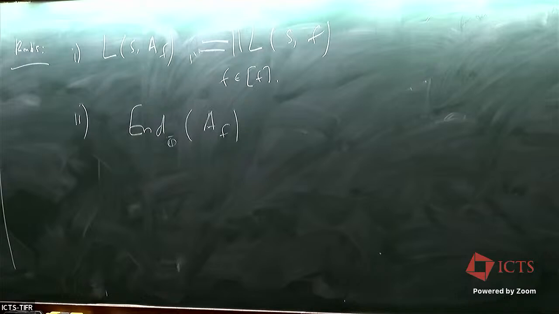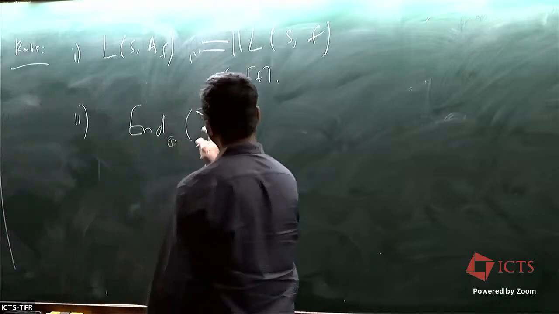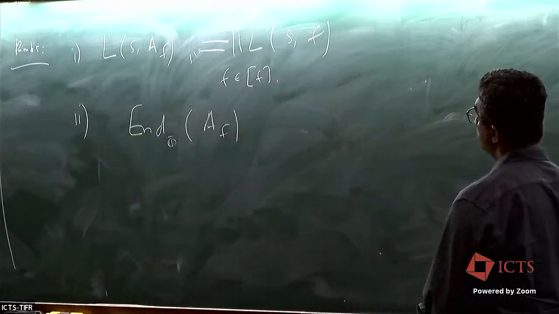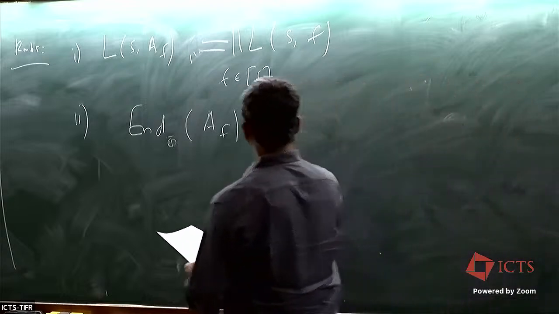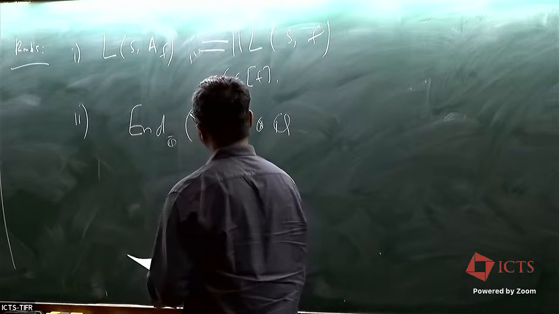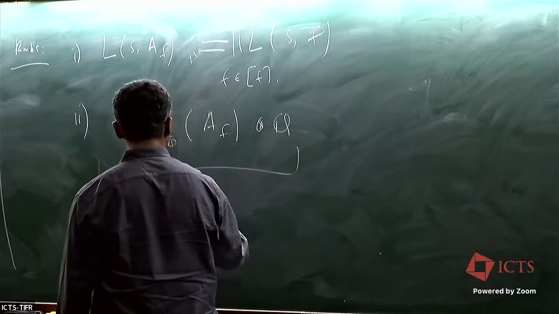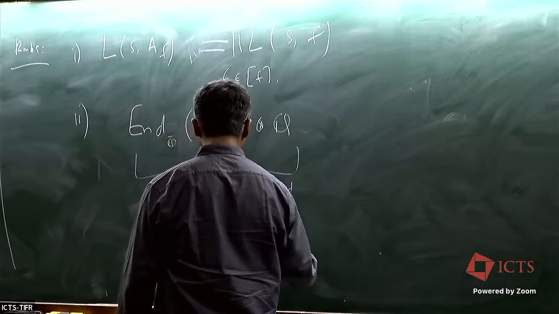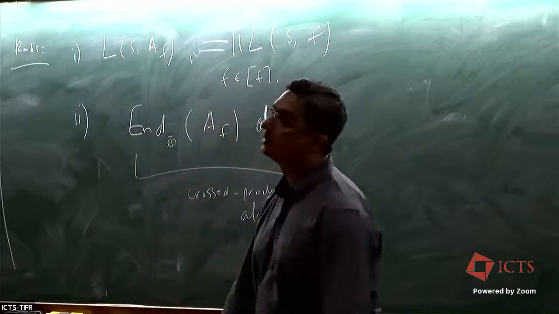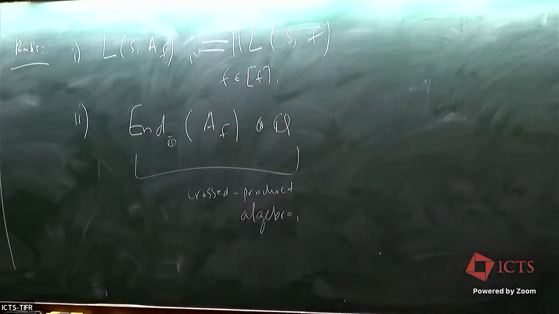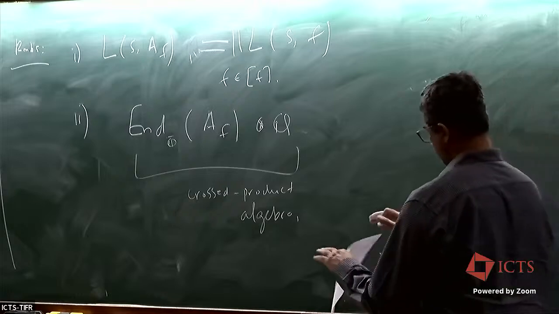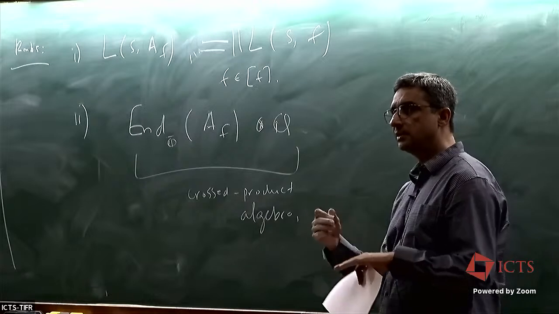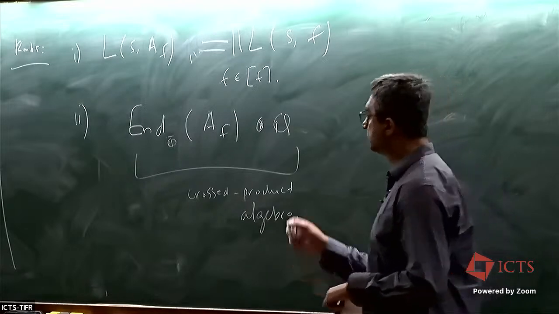All these abelian varieties are defined over Q. But we take endomorphisms defined over any finite extension, over Q-bar, and let's tensor this with Q. So this is called the cross product algebra, a classical object which was studied by Momose and then by Ribet. A cross product algebra is basically a finite dimensional algebra where the multiplication relation on the generators is given by some cocycle. Okay, so it's a central simple algebra.